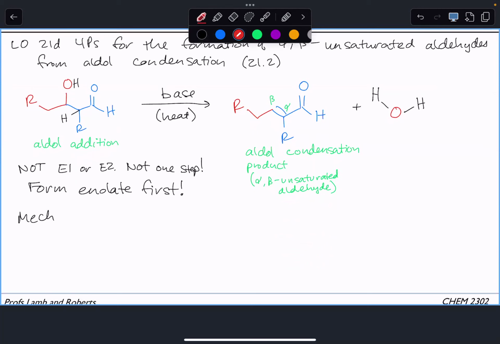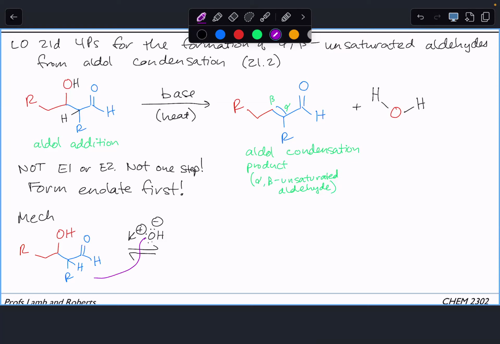So if we take our addition product, all right, we have another alpha proton, right? Those alpha protons are acidic. So because we still have base floating around, that base can deprotonate our alpha proton again.